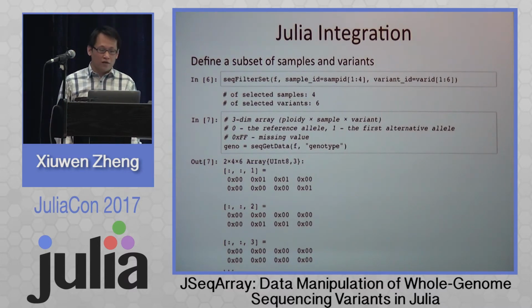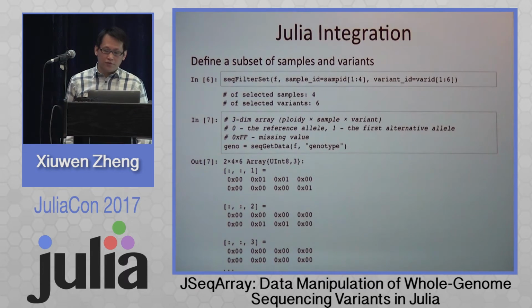We need to define a data subset with a filter of sample and variant. For example, we select the first 4 samples and the first 6 variants as a data subset by the function seqSetFilter. And then we get the genotype just in that subset.